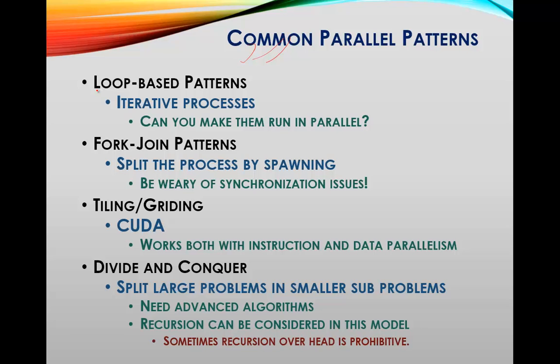The other pattern of communication that is common in serial programming is the fork-join pattern, where there are synchronization points in your program. You have an execution path, and at some point you split it into multiple execution paths, and from that point you have divergence in your code.